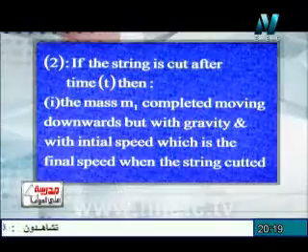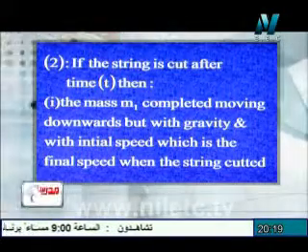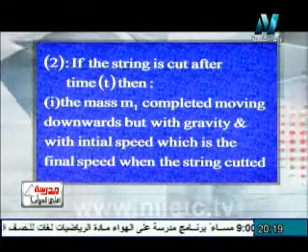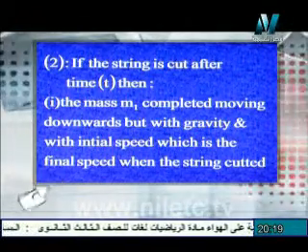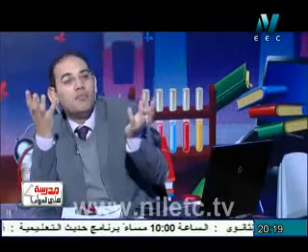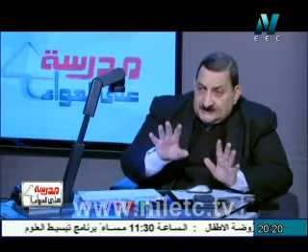If the string is cut after time t, then the mass M1 completes moving downward but with gravity and with an initial speed, which is the final speed when the string is cut. تاني دلوقتي انا عندي الماس نمبر 1 moves downward بس moved with the acceleration اللي هي بتاعت السيستم if the string doesn't cut in the normal position.